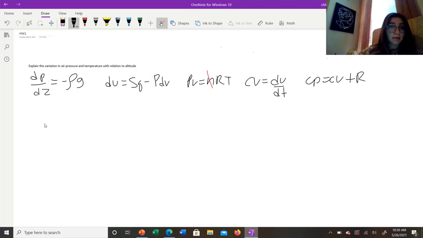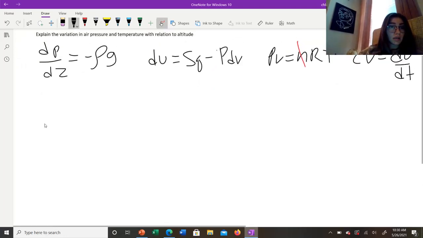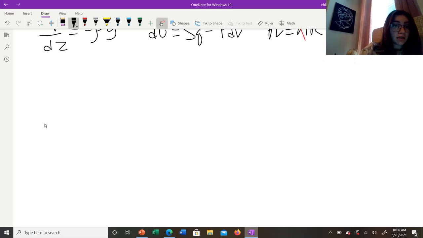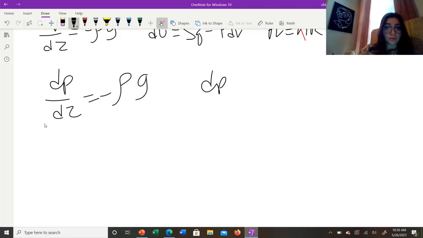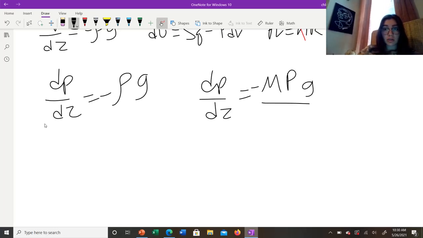So let's go ahead and do that. I'm just going to rewrite this: dP over dz equals negative rho g. But for rho, we're going to substitute in, so dP over dz equals negative m P g over R T, where m is the molar mass and P is the pressure.